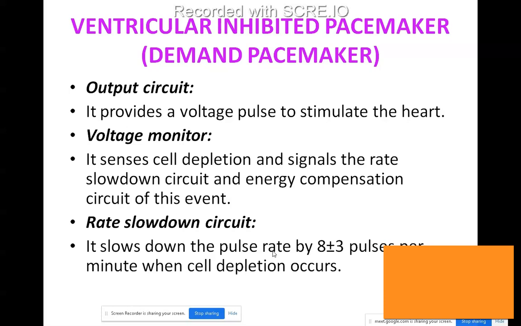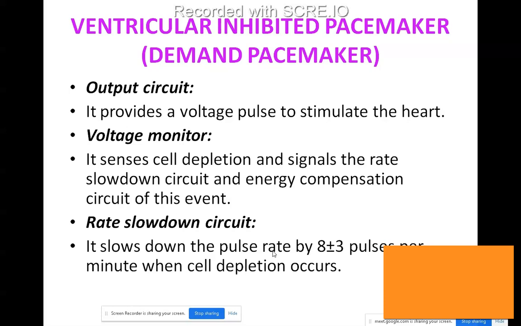Then the voltage monitor. What is the voltage monitor? It will frequently monitor the voltage value of the pulse, by sensing the cell depletion and signaling the rate slowdown circuit and energy compensation circuit of this event.